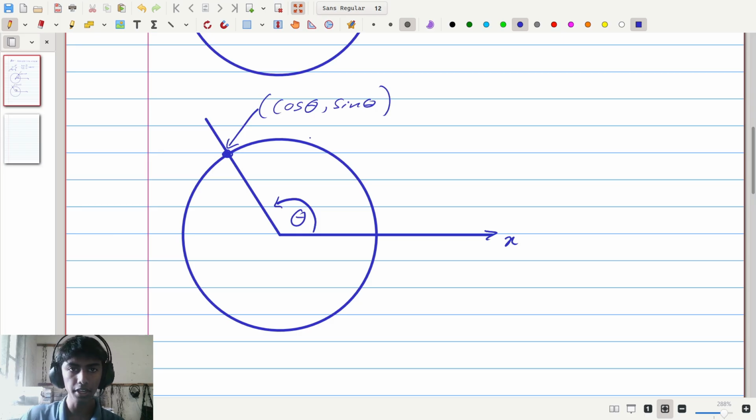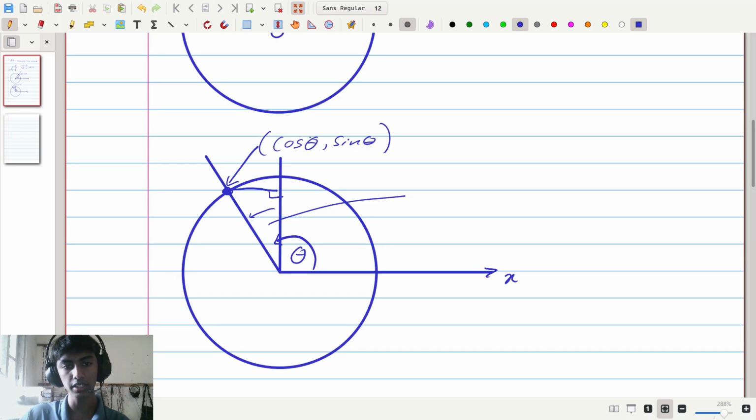So we can actually still find a triangle here to solve for. If we construct this 90 degree angle at this point, this extra angle here will be theta minus 90 degrees, or theta minus pi by 2, and we still have our right angle triangle here.